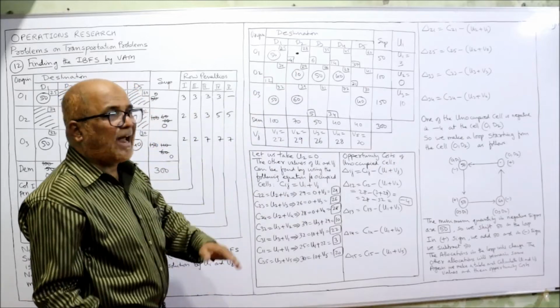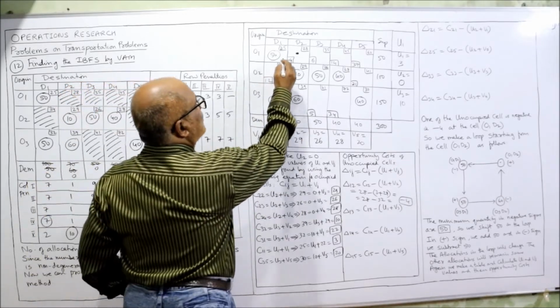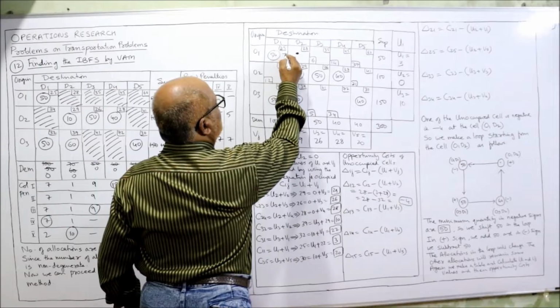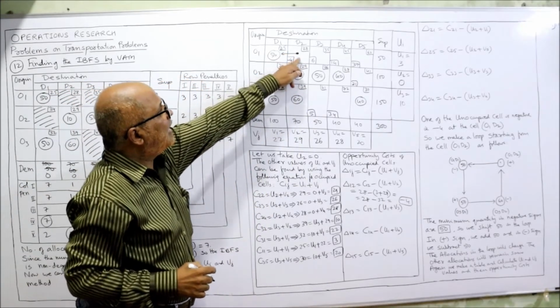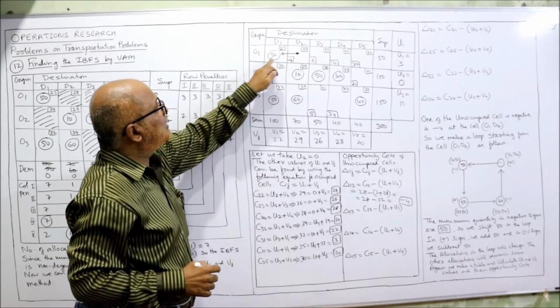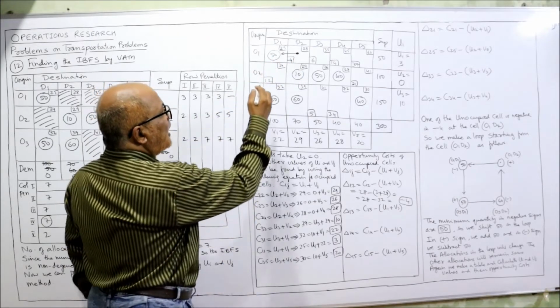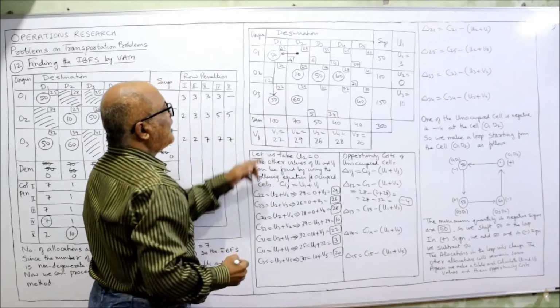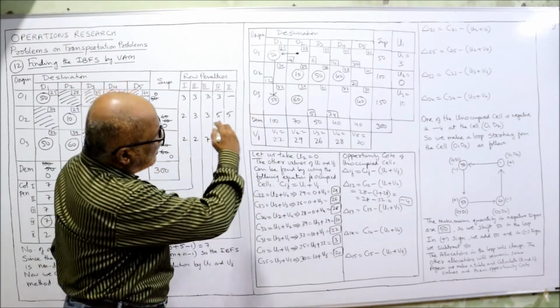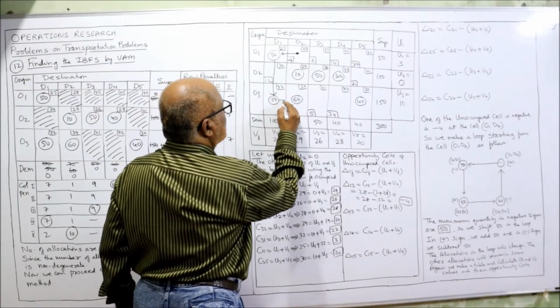So here I am going anti-clockwise. Like this I am making the loop. From here I am starting. I'm coming to this cell because an occupied cell is there. Then I'm coming downward like this. This is again an occupied cell.